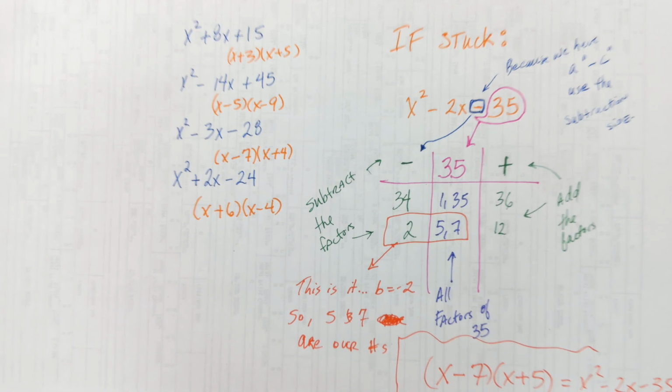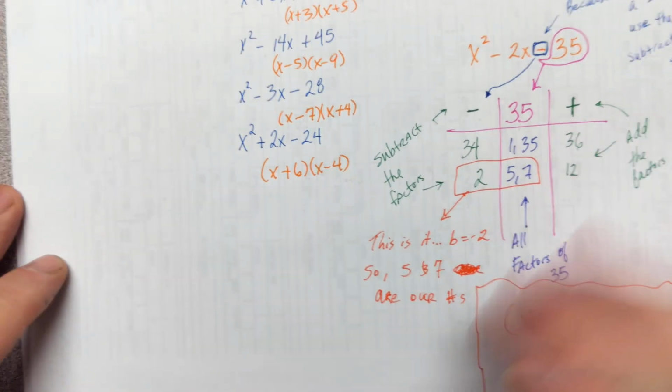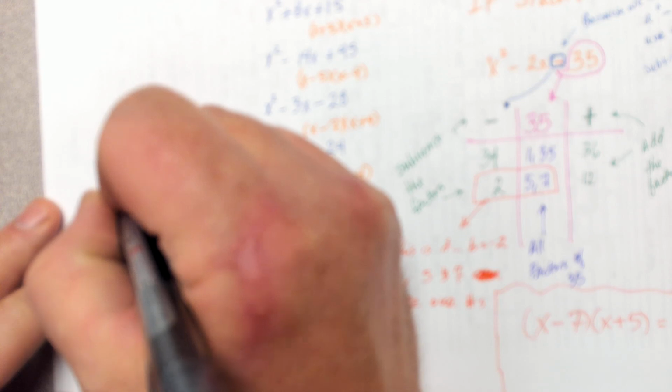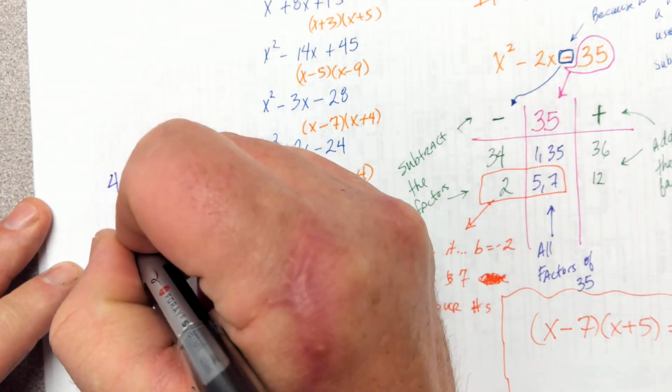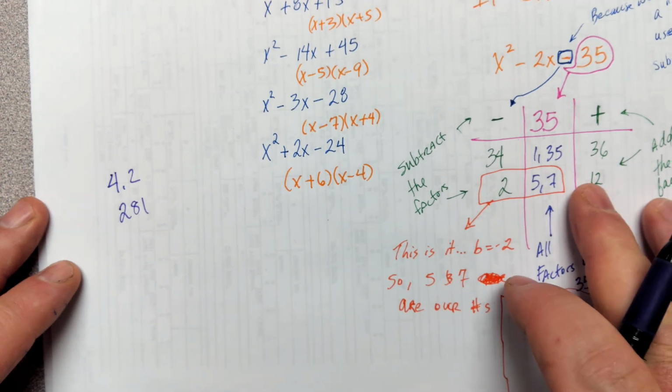Okay, so all you gotta do is practice. So this is really, really important practice. Because we were gonna do a take-home quiz, but I think we need more practice first. So chapter 4.2, which is on page 281.